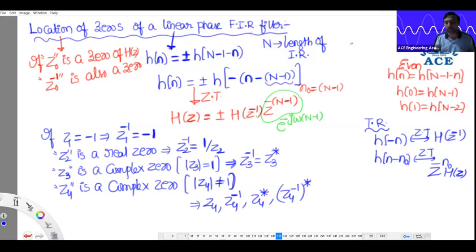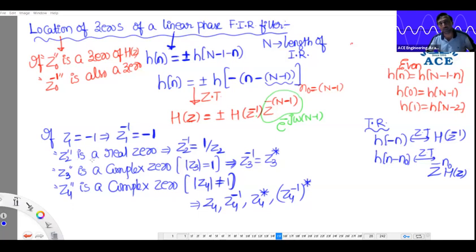But this is not valid for every FIR system, only for linear phase FIR. For a linear phase FIR system, whenever Z0 is a zero, the other zero is Z0 inverse. Suppose I want to locate a zero at minus 1. What is the inverse of that one? Again minus 1.